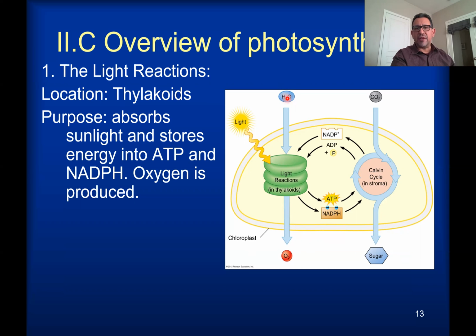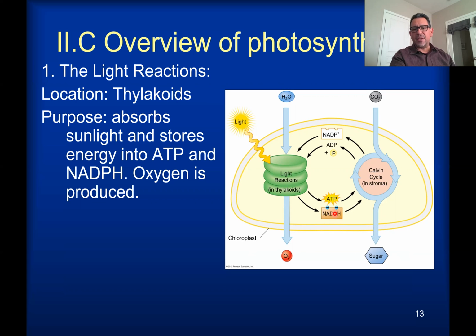Electrons will be taken from water. Water is going to be oxidized and becomes just oxygen. The electrons from water are going to be loaded into an electron shuttle, NADPH. The name is familiar to what you saw before in cellular respiration. NADPH stands for nicotinamide adenine dinucleotide, and in this case, the P means phosphate.